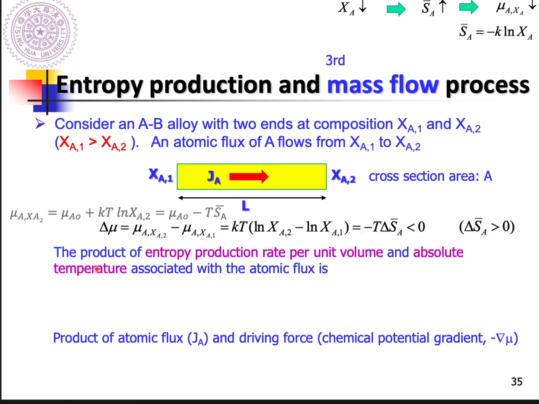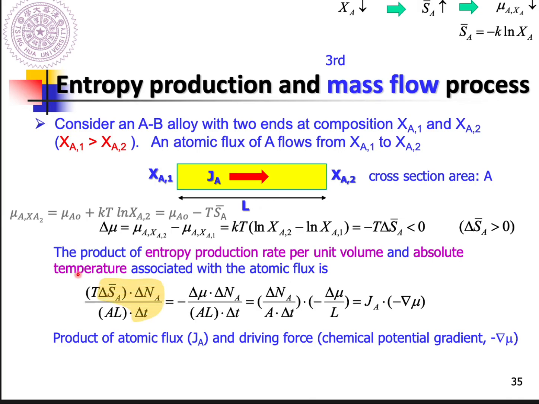So we want to correlate this with the equation we derived earlier: the entropy production rate per unit volume and the absolute temperature. We just write it down. It's the temperature times the entropy production rate per volume.